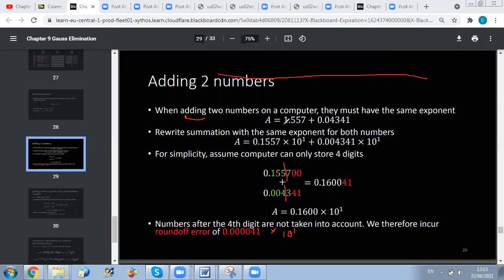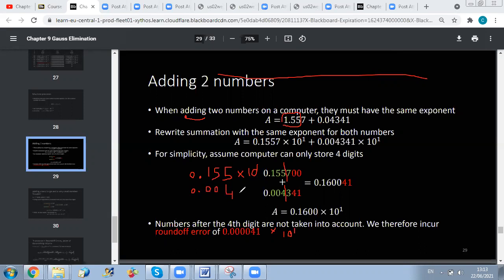If you can just read 3 digits, you will read 1.55, and you can transform it into this form, so you have 0.155. The other term, times 10 to the power 1, will be of the form 0.004 something.